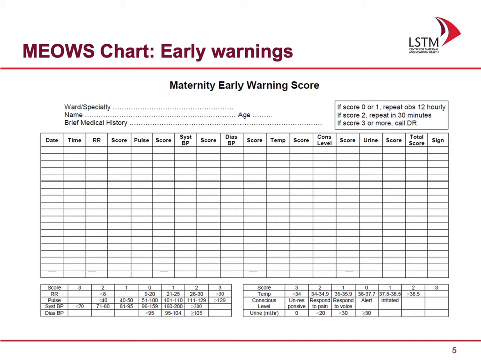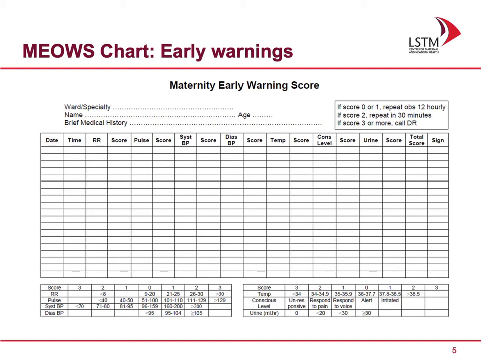It might be that urine is not being measured, and in that case, the urine will be omitted from the score. But you can see at the bottom, there is a kind of grid that shows you how many points each of the various observations attract depending on what they are measuring.